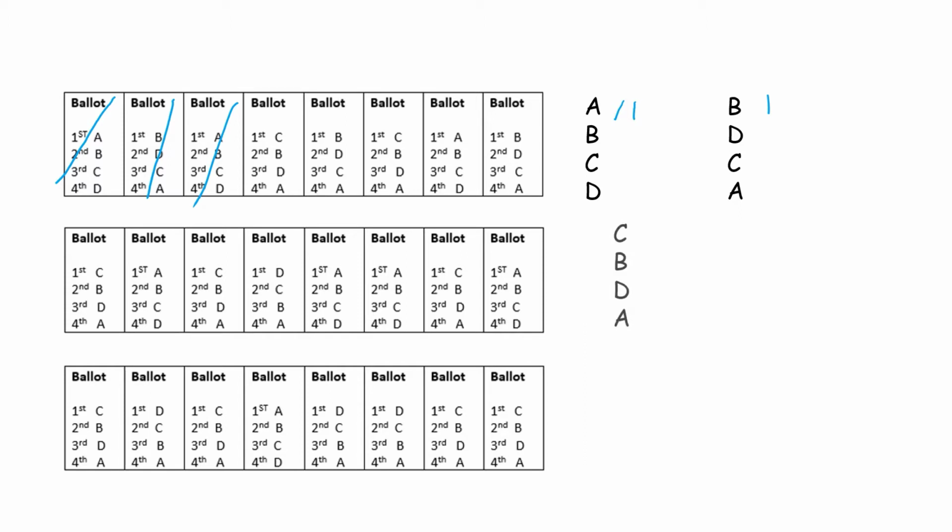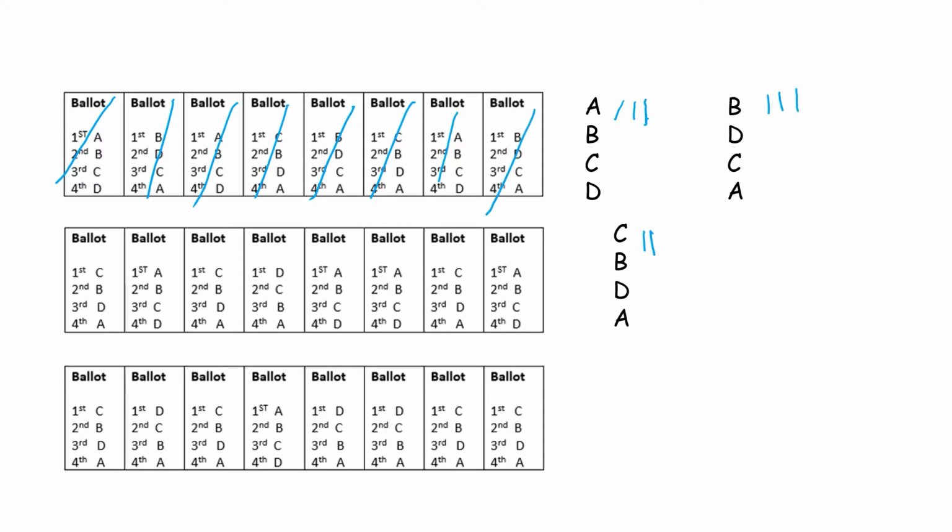CBDA, let's write that down. Put 1 tally mark. The next one is BDCA. Put a tally mark where that belongs. Next one, CBDA. So let's put a tally mark with that corresponding list. And then ABCD, another one of those. And then we have another BDCA.